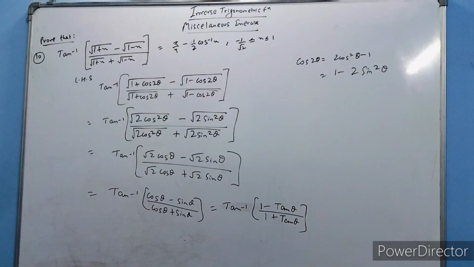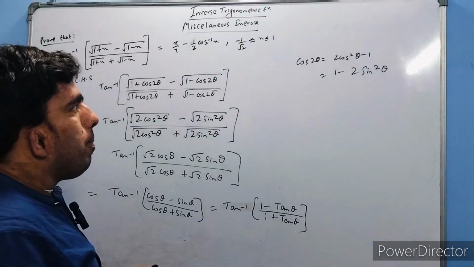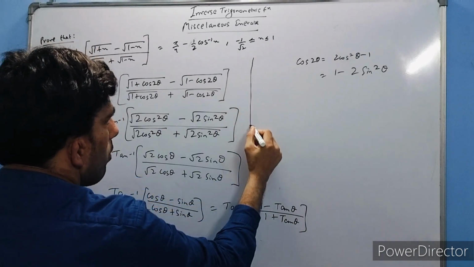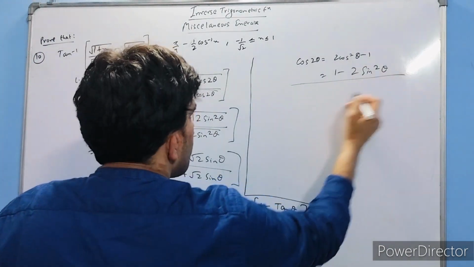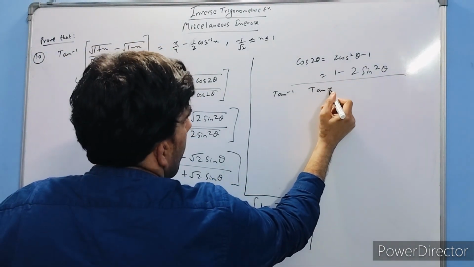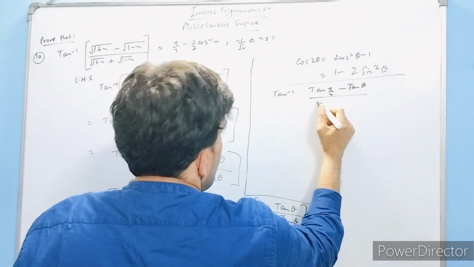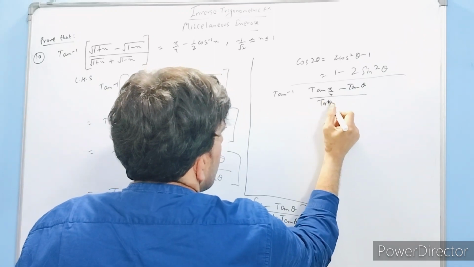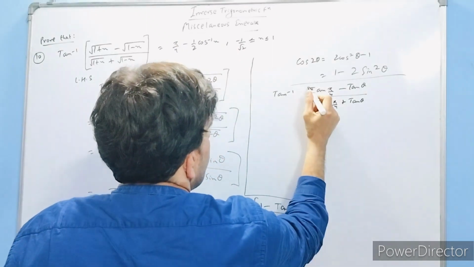Okay, so now what we can do here, we'll try to put 1 as tan pi by 4. So it will be tan inverse of (tan pi by 4 minus tan theta) upon (1 plus tan pi by 4 tan theta).